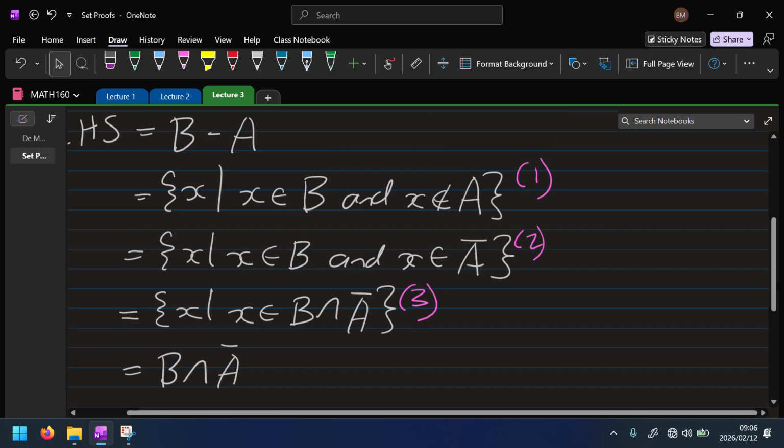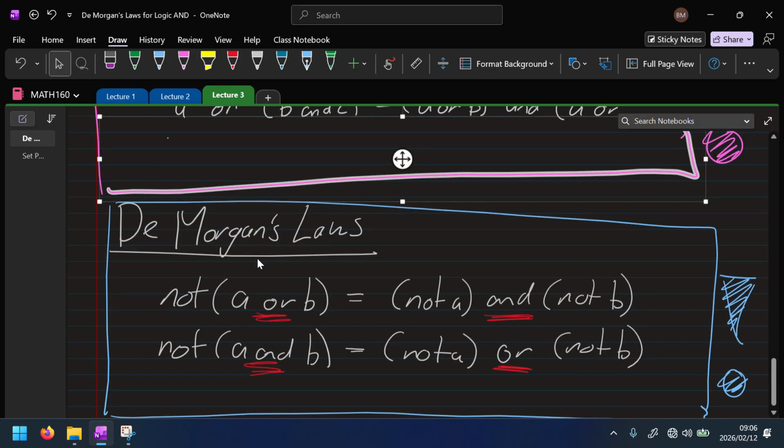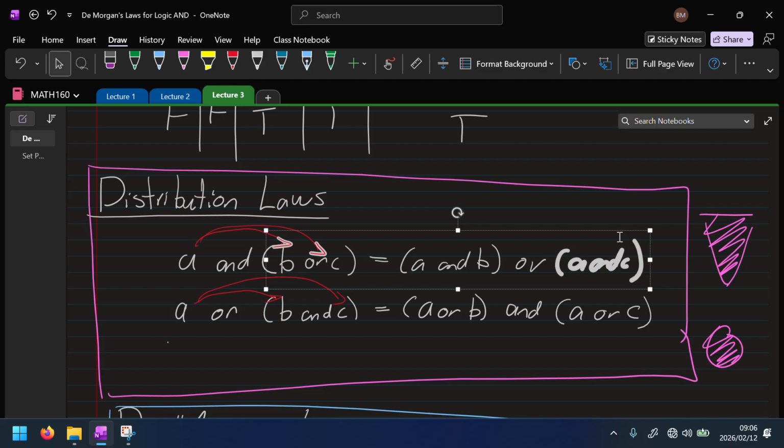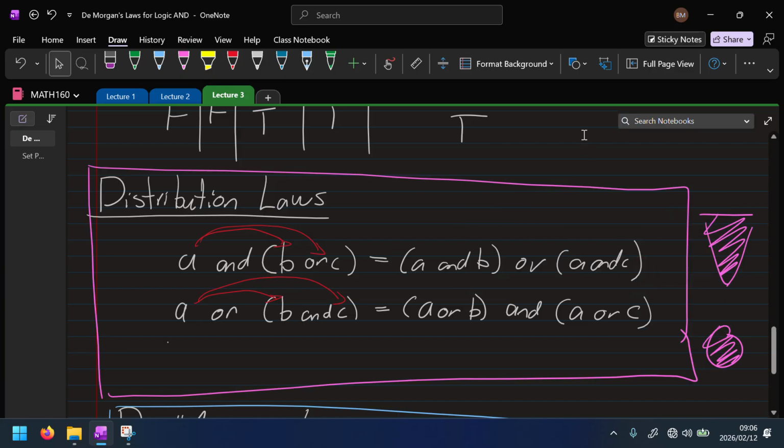Let's go back here. So you go back to your big box with the distribution. It's this first one. We have A and B, or A and C. So what we can do is rewrite this distribution law like this. Okay, so just keep this one in your mind. We're going to rewrite it like this.